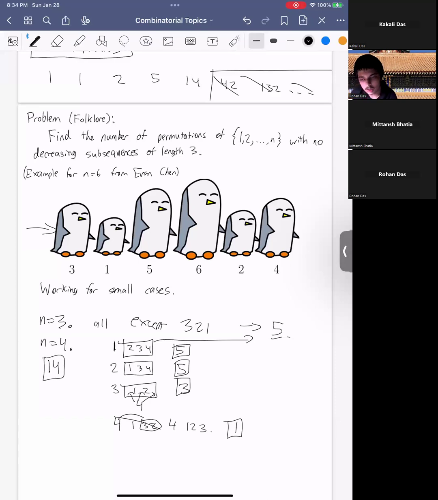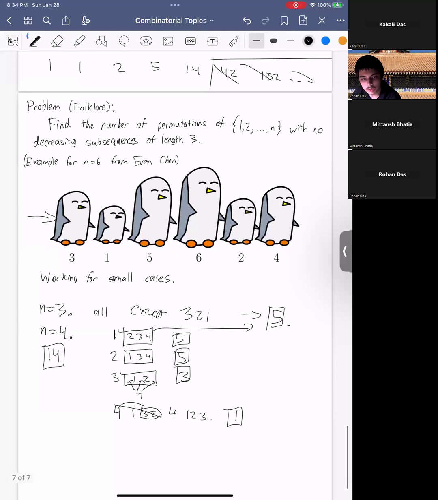And this is why I think it can be important to be familiar with the values of these sequences at small numbers, because you see 5 and you see 14, and you can think, is this the Catalan sequence? And one thing that I think is very convenient to do in a situation like this is try to make the problem make some sort of sense even when n is less than 3.